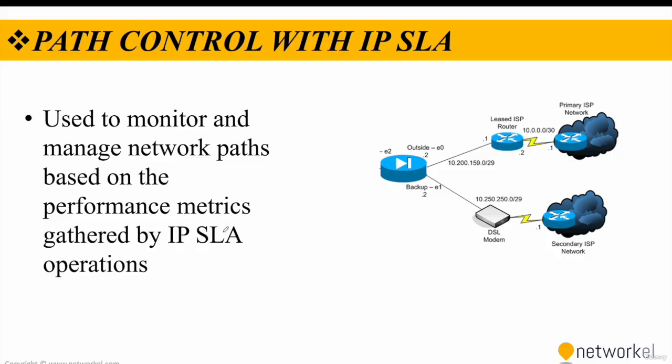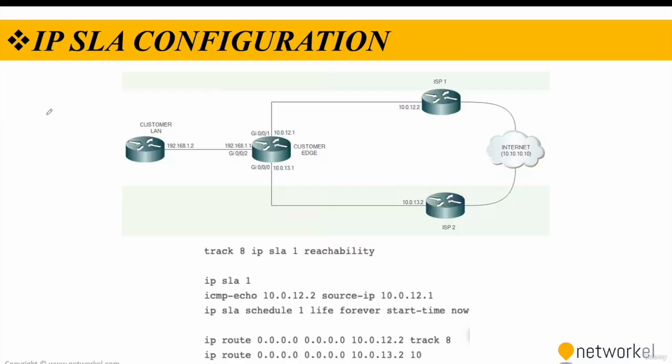So routing protocols or path control mechanisms can use IP SLA metrics to dynamically adjust routing decisions. If an IP SLA operation detects poor performance or a failure on a primary path, it can trigger a switch to a backup path. Here is a pretty basic configuration for IP SLA, for example.